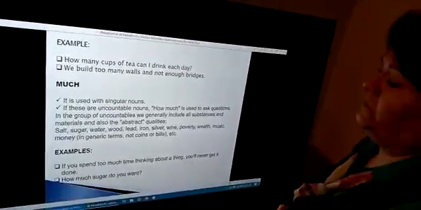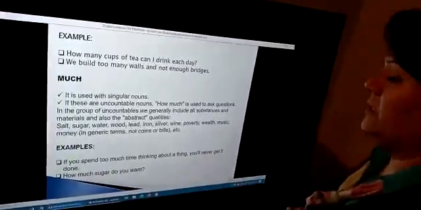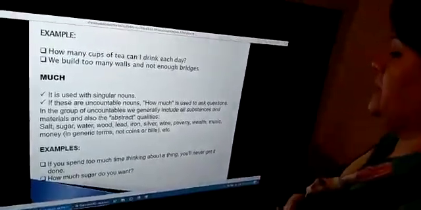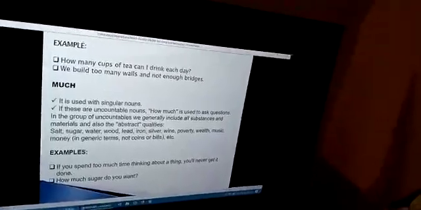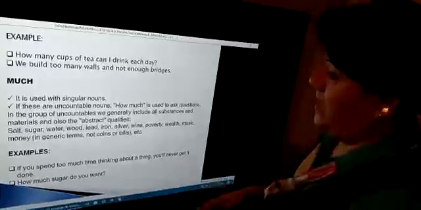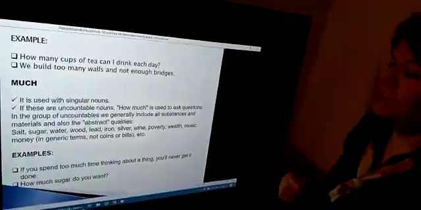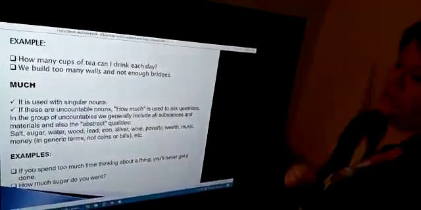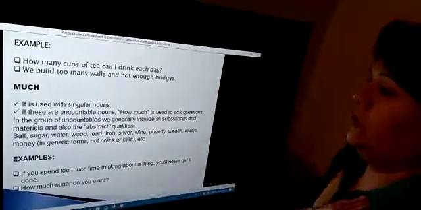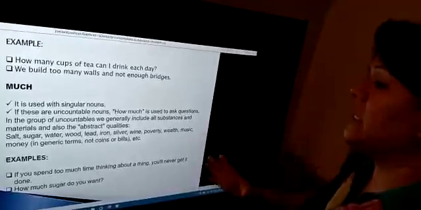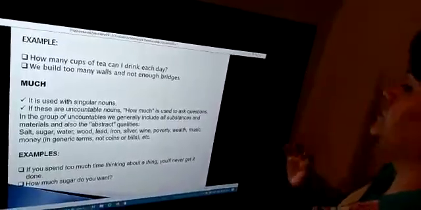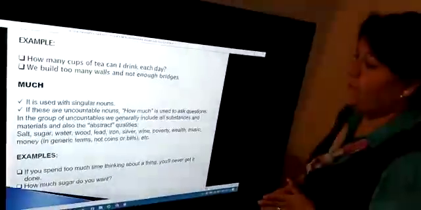Look at the example. Example number 1: if you spend too much time thinking about a thing, you will never get it done. Another example: how much sugar do you want? And this is how to use much, with a singular noun, and how much as a question.